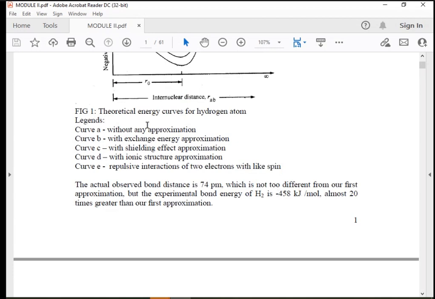If we also apply the shielding effect approximation, ionic structure approximation, and repulsive interaction between the two electrons, ultimately we reach an energy value of the hydrogen molecule almost similar to these values, minus 458 kilojoule.